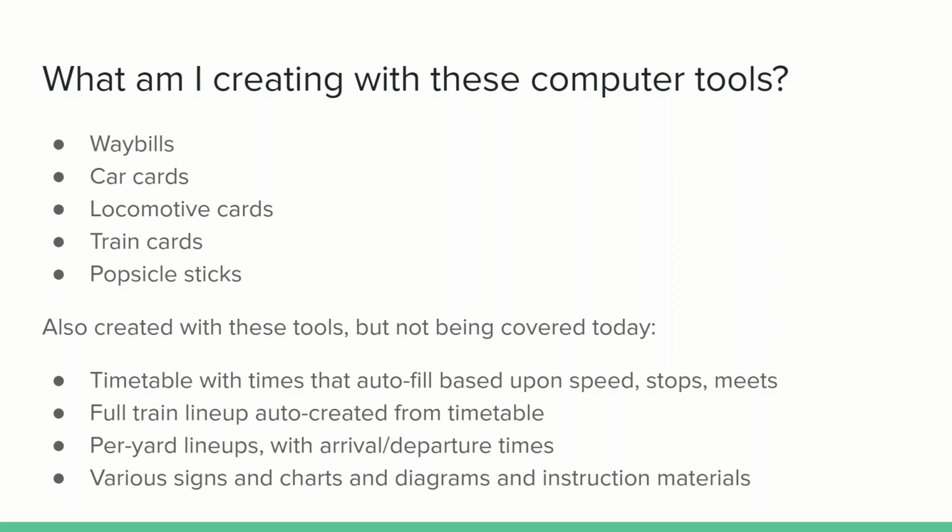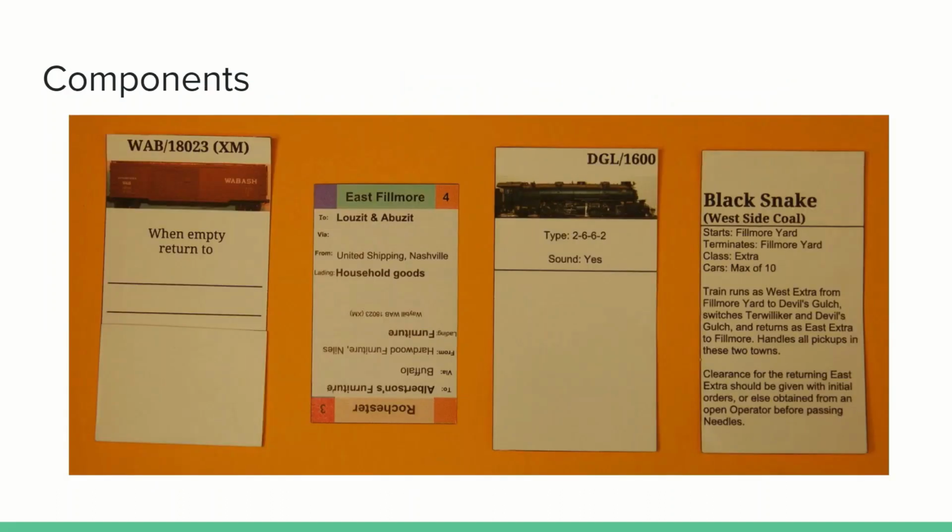I do use that same tool then to create the full train lineup based upon what's in the timetable, and lineups for each individual yard, showing the yardmasters what's coming and going. And then I use these tools for creating all sorts of signage around the layout, charts, diagrams, instruction materials, and like other modelers, even signs that are part of the scenery and so on.